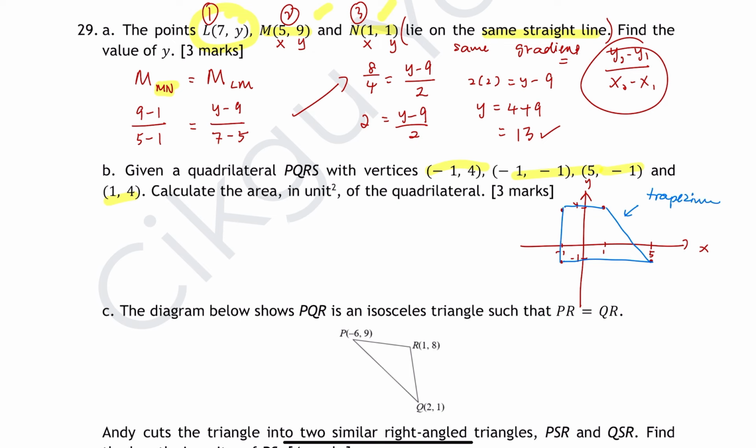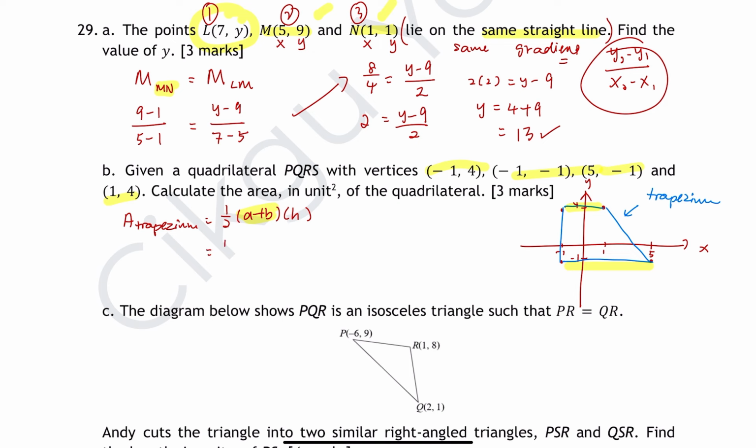Okay, so to get the area of your trapezium, your formula is going to be, okay, area of trapezium equals to half (A plus B) multiplied with your H. So A plus B, this part is referring to the pair of your parallel lines, which is here. And your H basically is your perpendicular height, right?